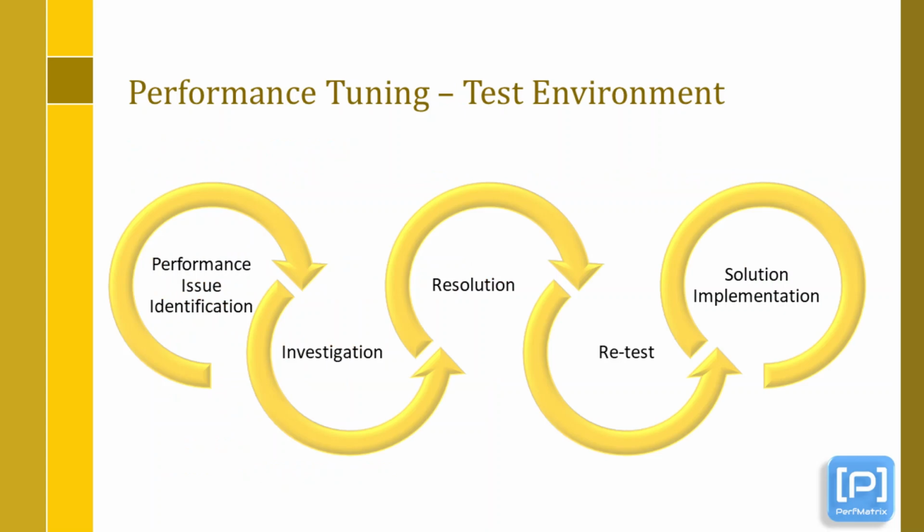This is a pictorial representation of the performance tuning process in the test environment, where you first identify the issue in the performance test, raise a defect, then perform the investigation, get the solution from the dev team, retest the fix, and recommend the solution for the production.